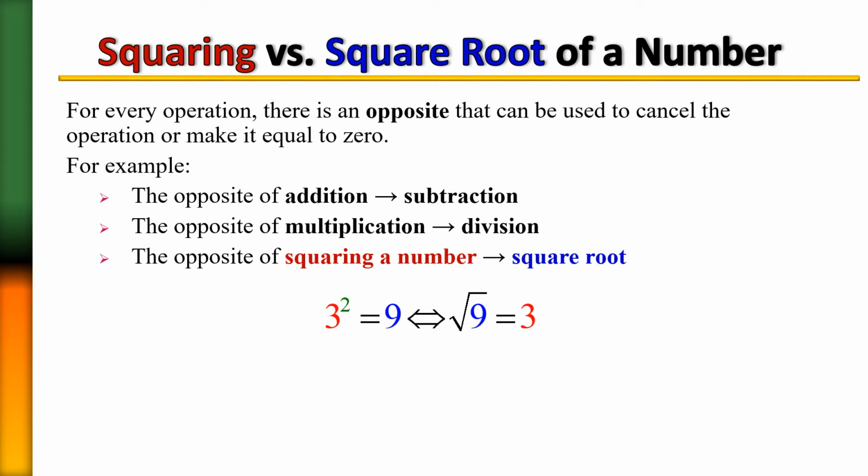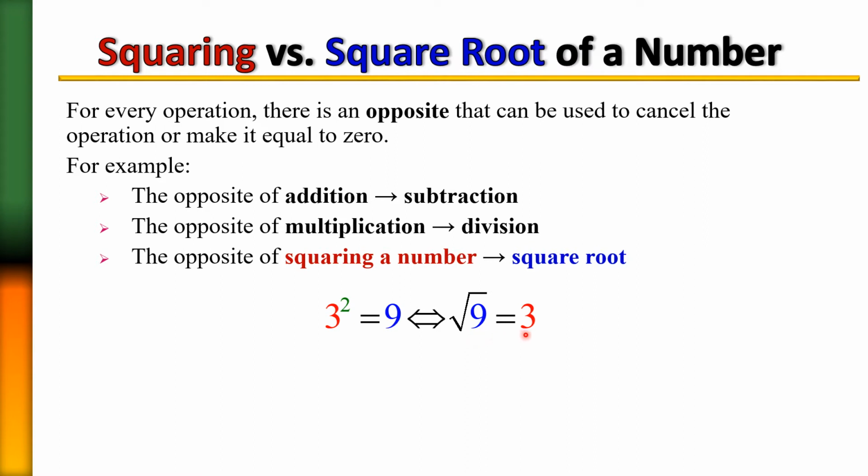For example, 3 squared means 3 times 3. 3 squared equals 9. If you take the number 9, the answer, and do the opposite, work backwards, you take the square root of 9 and you're saying what number, when I multiply it twice, will equal 9?